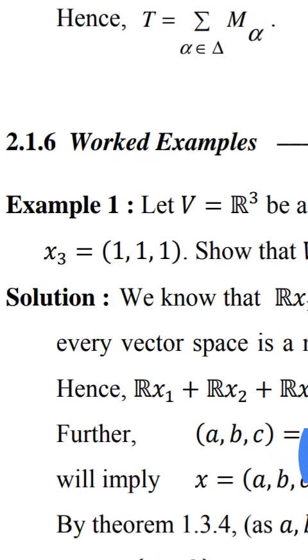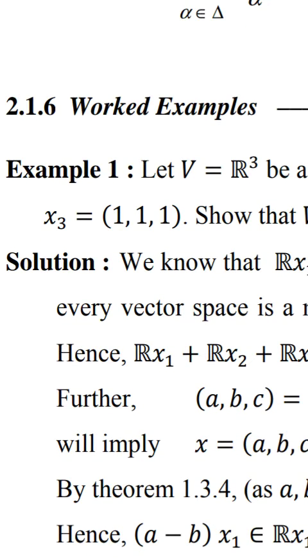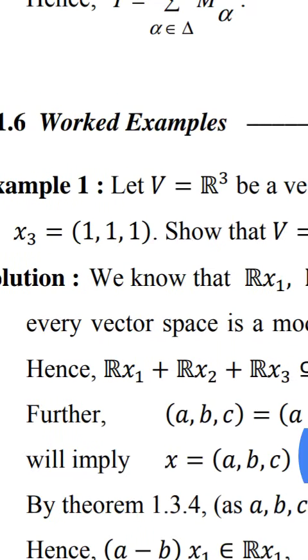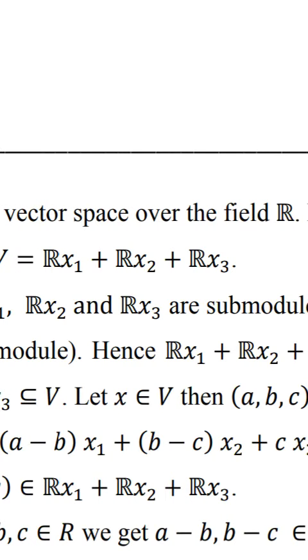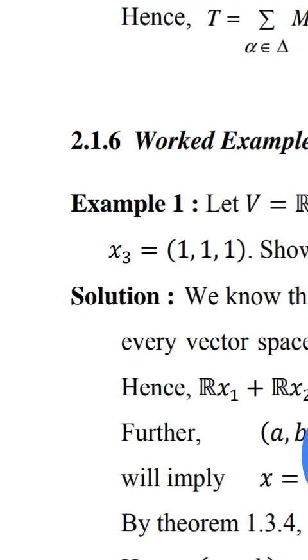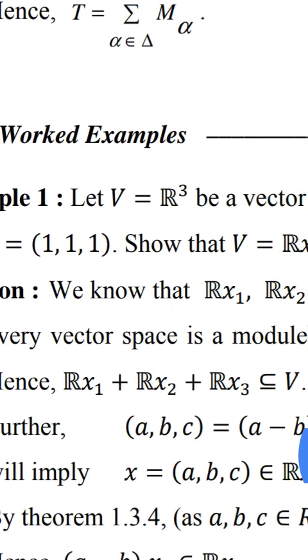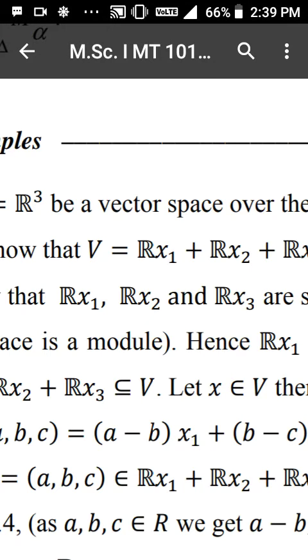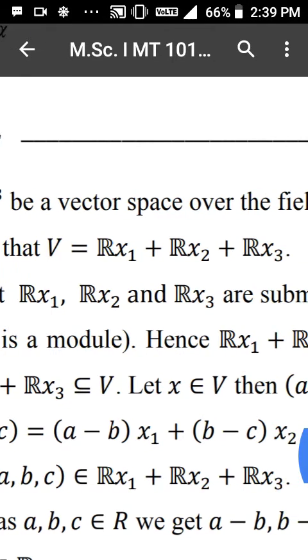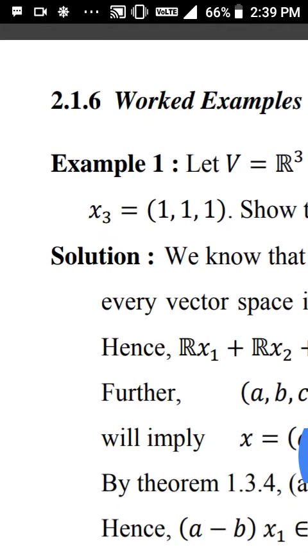Problem on submodules. Let V is equal to R cube be a vector space over the field R. x3 is equal to (1, 1, 1). Show that V is equal to Rx1 plus Rx2 plus Rx3.